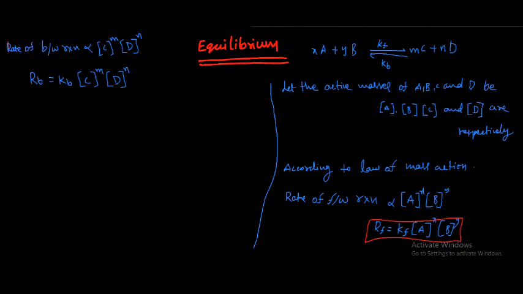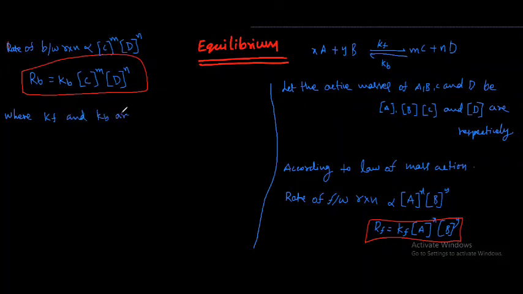This is the law of mass action for the rate of backward reaction, where Kf and Kb are the forward and backward rate constants respectively.